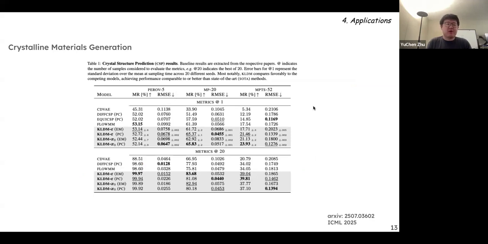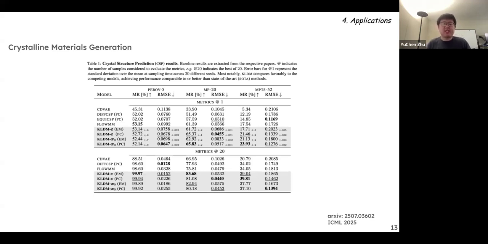Finally, I also want to talk about an application extension of TDM in material science. This is not what we originally did in our work, but after we published this paper, a group of researchers from Denmark expanded our method to include an additional modality and applied it to the task of crystal structure prediction.